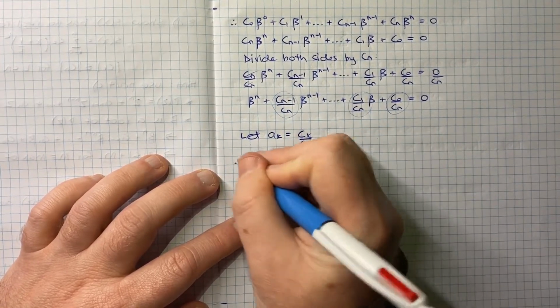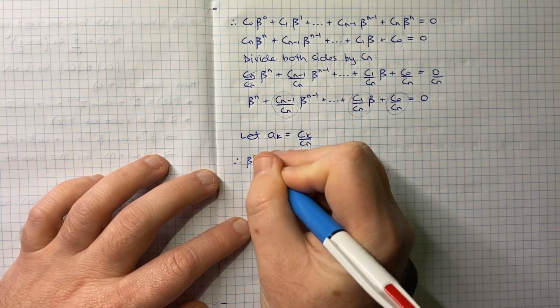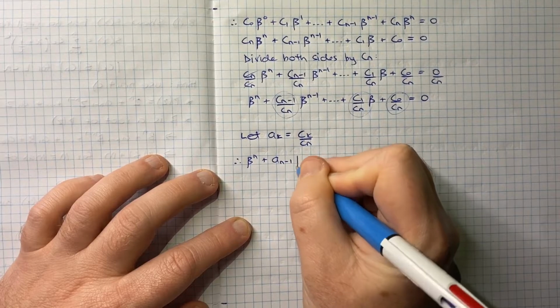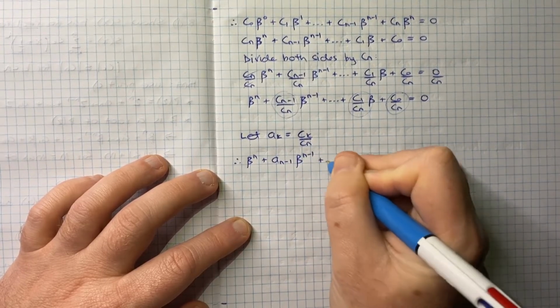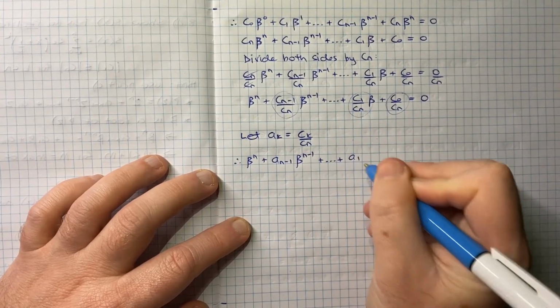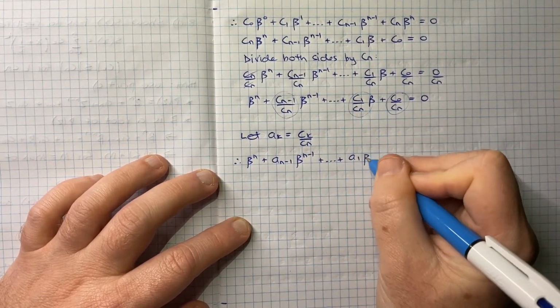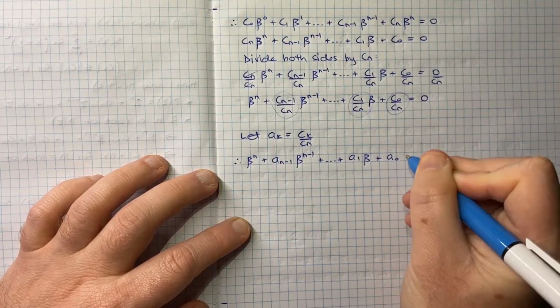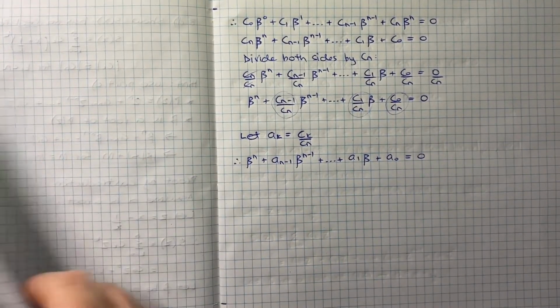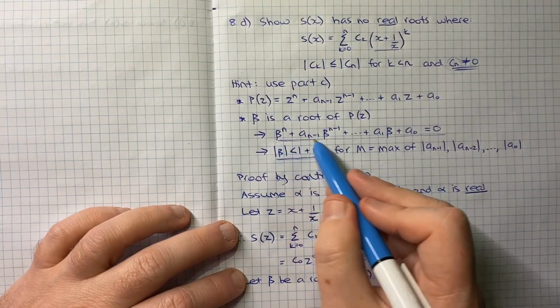So therefore what we can say is that we'll have beta to the n plus a_{n-1} beta to the n minus 1 and so on, plus here it's 1, so we'll have a_1 beta plus a_0 is equal to 0, and that is exactly the format that we had here.